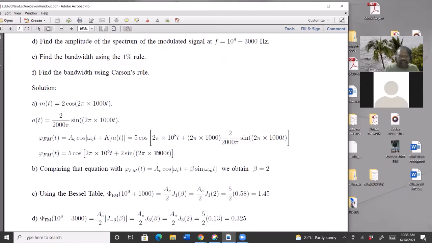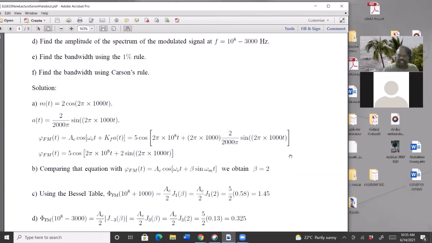And then I have simplified this, and it is 5 cos this plus all of this gets simplified. This pi and this pi cancel and I end up with this. Now I compare this with this one and realize beta is 2.